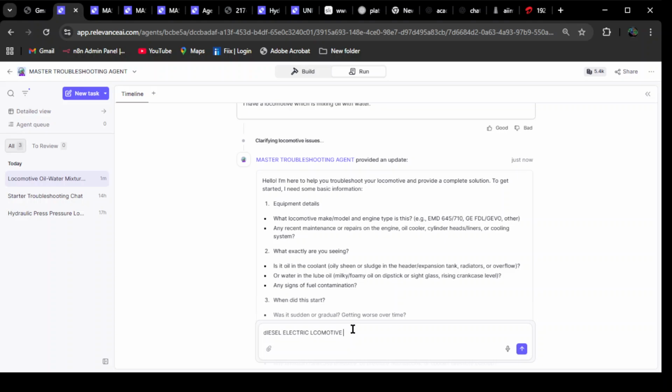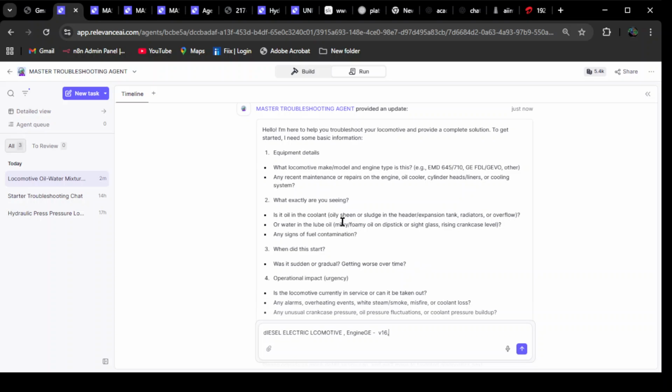And the engine type is 16 GE. Any recent repairs? So I'm not really going to ask all the questions. I'm just going to answer what's relevant.